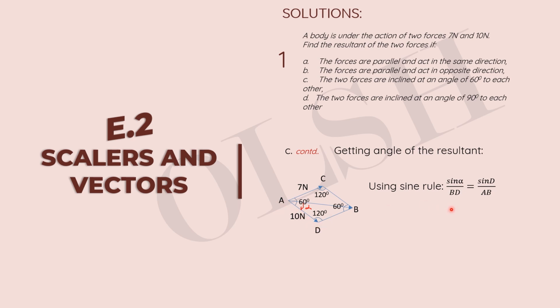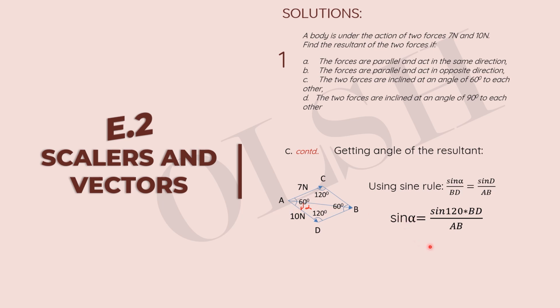Now if we make sine alpha the subject of formula, of course we're going to have sine alpha equal to sine D, which happens to be 120. This is the angle D. So sine 120 times BD all over AB.